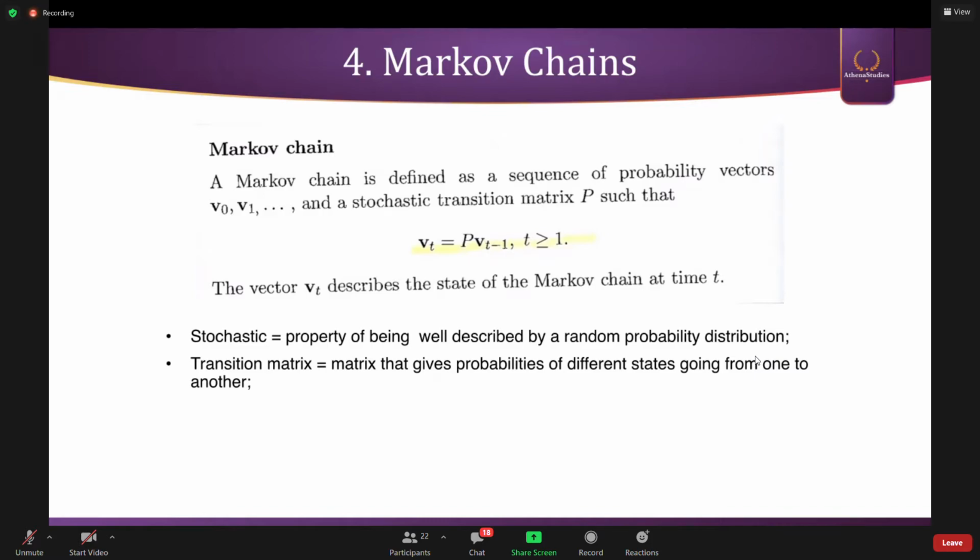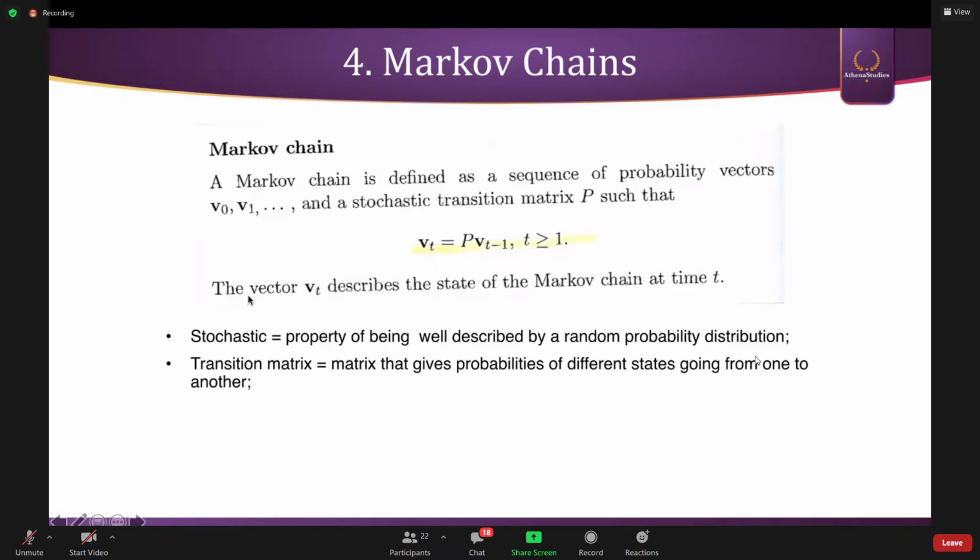So, Markov chains. A Markov chain, by definition, is a sequence of probability vectors and a stochastic transition matrix P such that this equation is satisfied. V of t, which is our probability vector at time t, is equal to P, which is our transition matrix, multiplied by another probability vector calculated at time t minus 1.